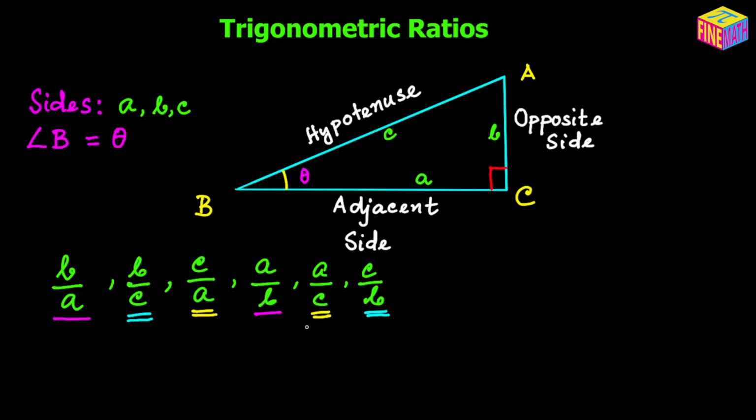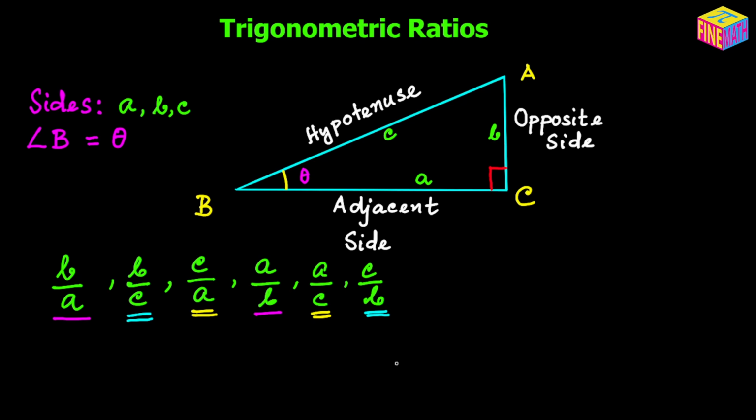So those are the only six possible ratios that we can form using any two of the three sides of a right triangle. That is why in trigonometry we have only six ratios, no more, no less: exactly six trigonometric ratios. So now let's see if they have any specific names.